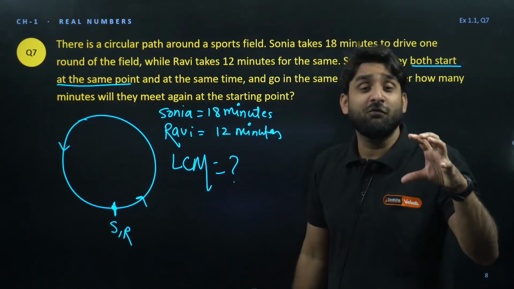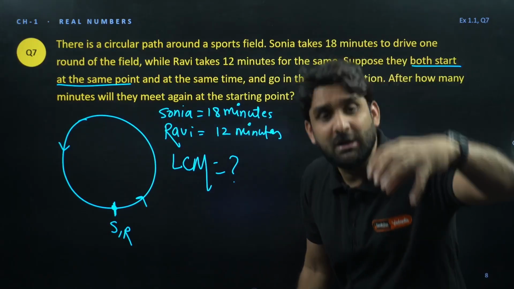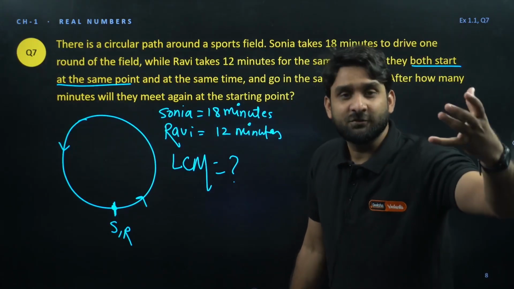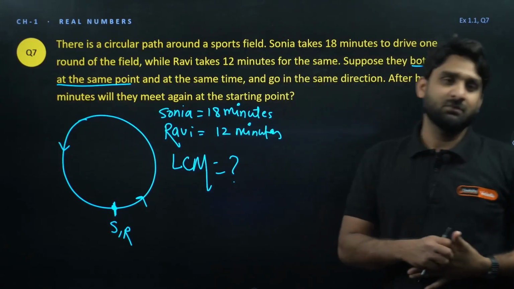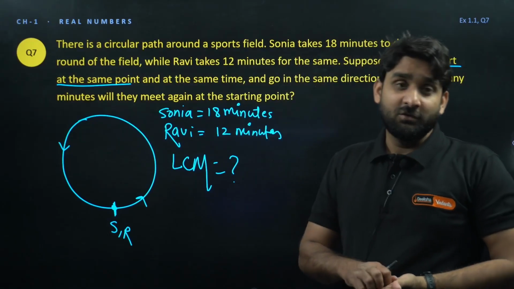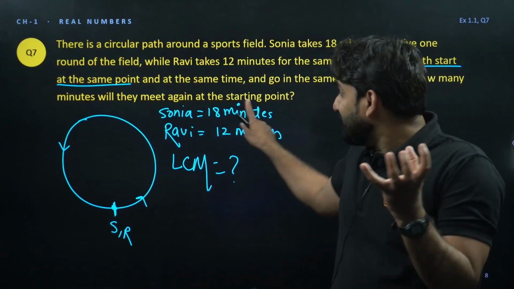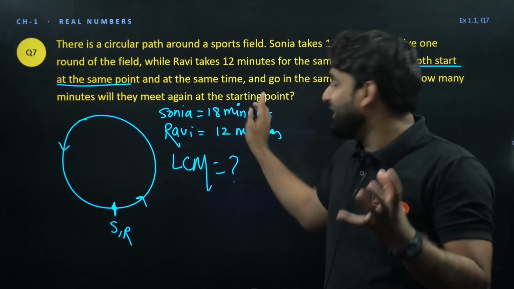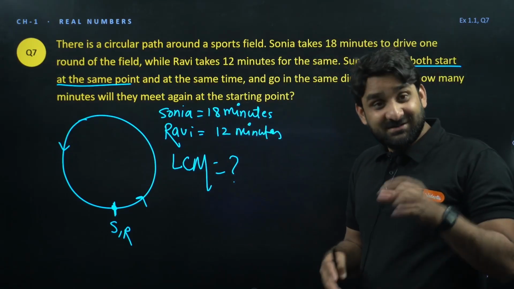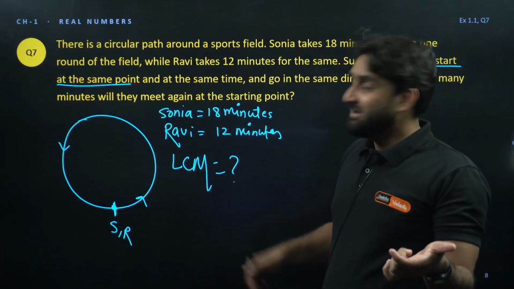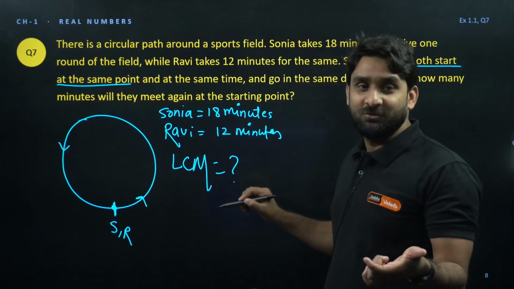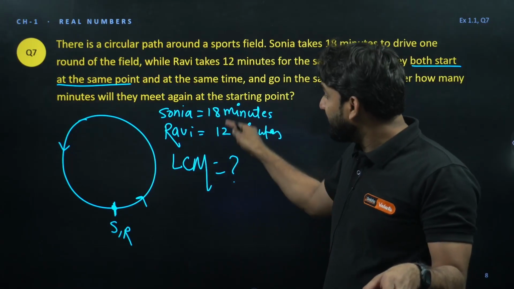But we are looking for after how many minutes they will meet again. So we are looking for a number greater than these two, which can be divided by both. So that will be LCM. HCF is always a smaller number. HCF will always come smaller than these two, and LCM will always come greater than these two.